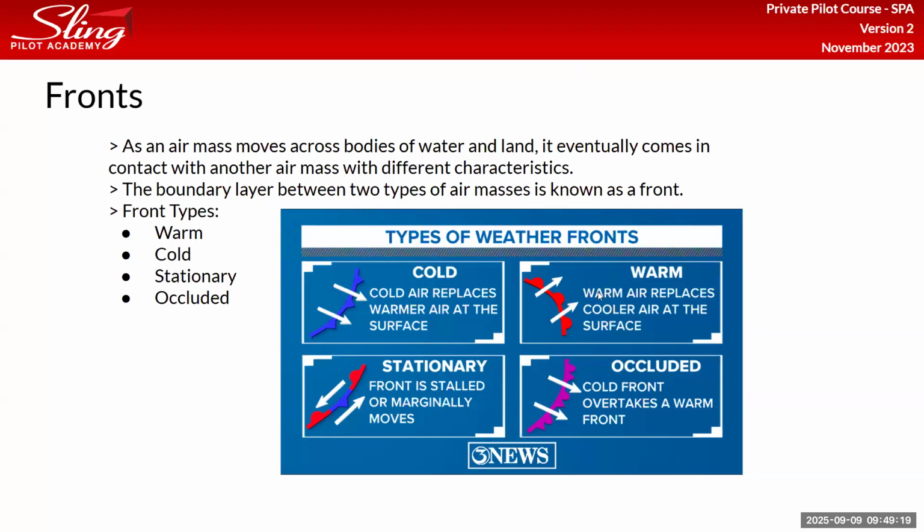So we have warm and cold fronts, stationary fronts, and what's called an occluded front. So there's a slide for each of these, so we'll get into each of these specifically, but there's 4 of them that you need to know. These fronts are the boundary layer between 2 types of air masses, okay?